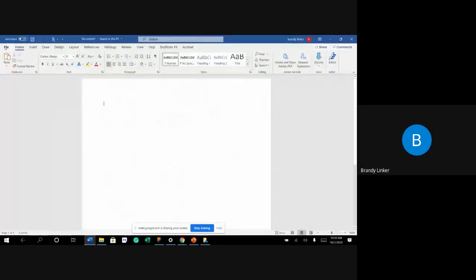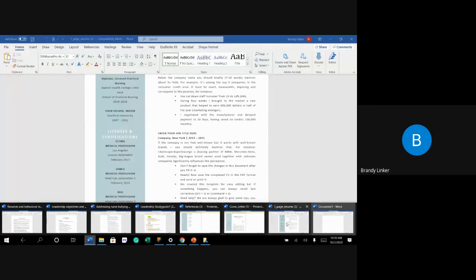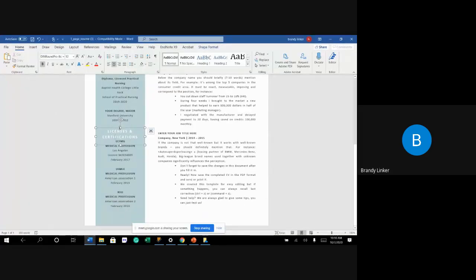However, when you do any of these templates that you like, please make sure that you have a section for licenses and certifications, because as you grow in your career, and even now, you're going to have a lot of these. Okay. I have a lot of them. And as you continue on in nursing, you'll amass these. You'll have a lot. Right now, I know you have your BLS, right?